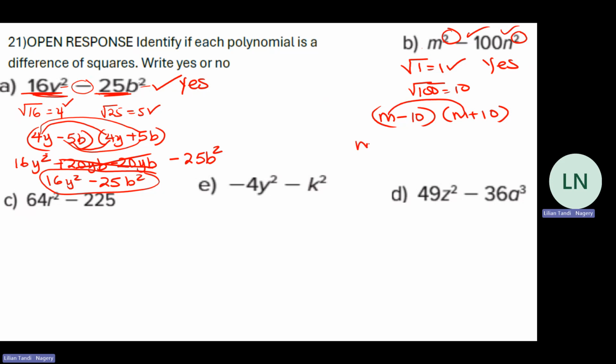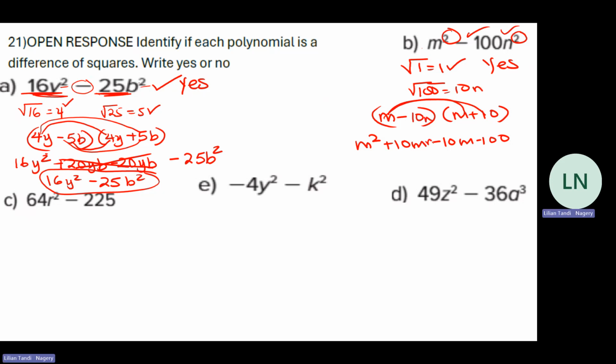m times m, m squared. m times positive 10n, positive 10mn. Negative 10n times m, negative 10mn. Negative 10n times positive 10n, negative 100n squared. Okay, but there is an n, so this should be n here. Okay, all right, so put n.